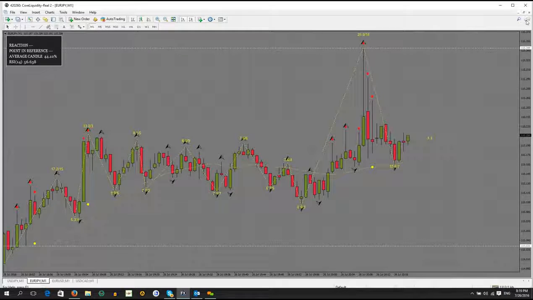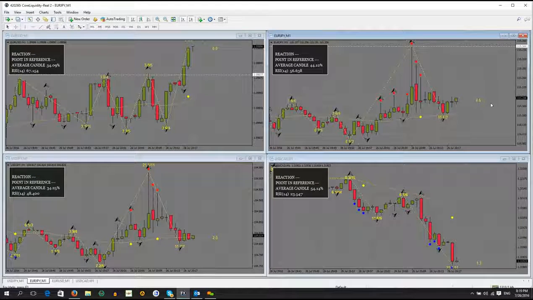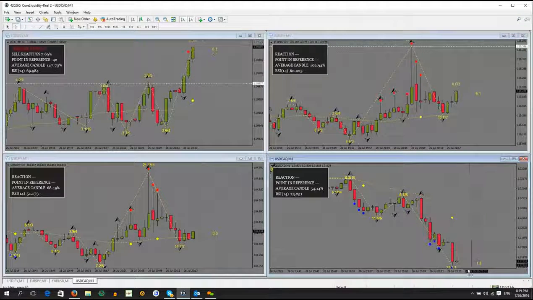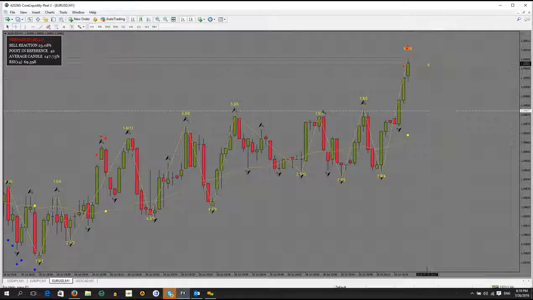It was on USD Canadian dollar, the trade. Okay, so for the moment on Euro Japanese yen, we are just watching. Okay, wait for that level.